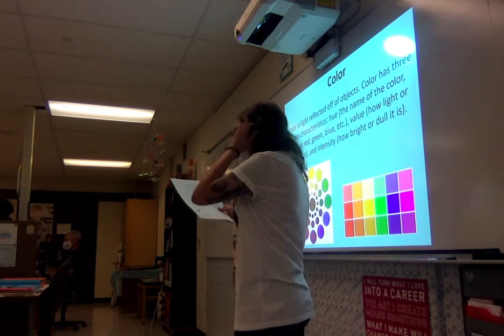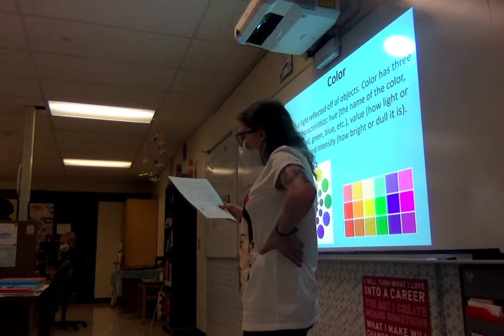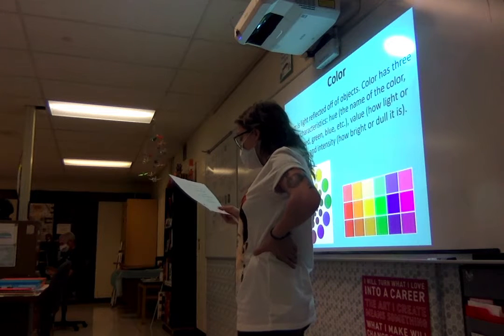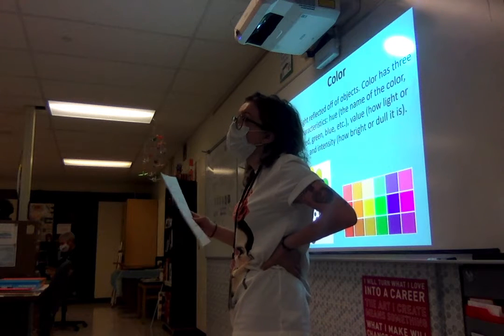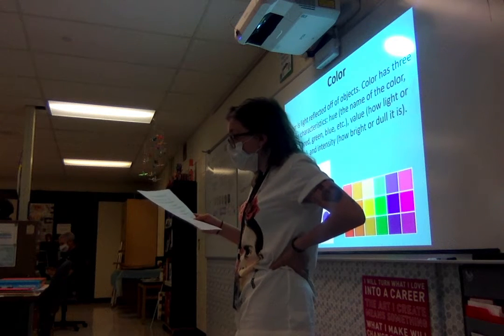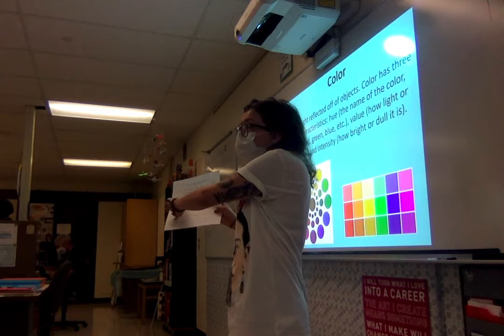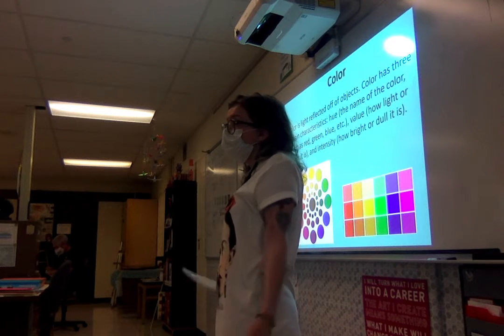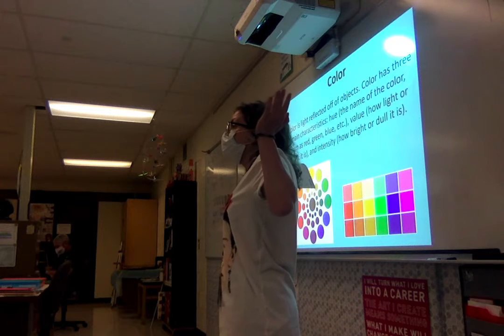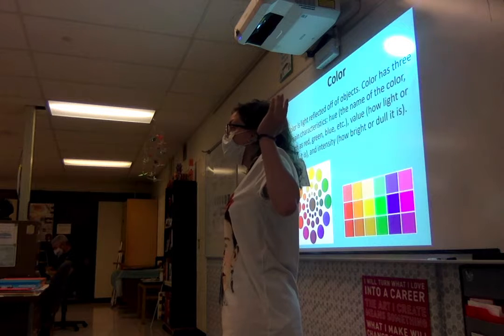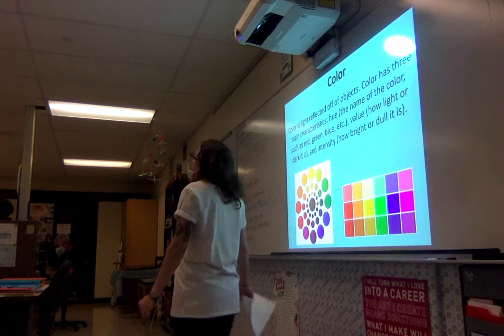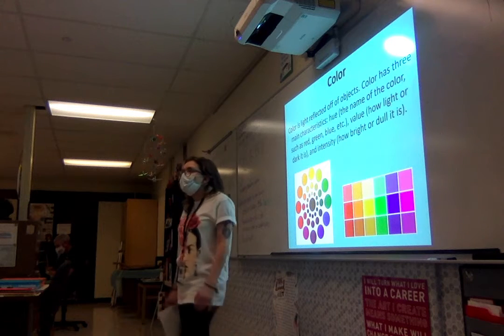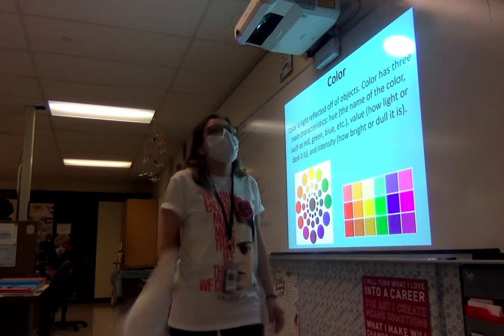So on our paper, it says color is light reflected off of objects. All colors can be made from three primary colors, red, blue, and yellow. So in the three boxes that say primary colors, what colors are we putting in there? Red, yellow, and blue. They can go in any order. You can do blue, yellow, red, red, blue, yellow, yellow, red, blue.